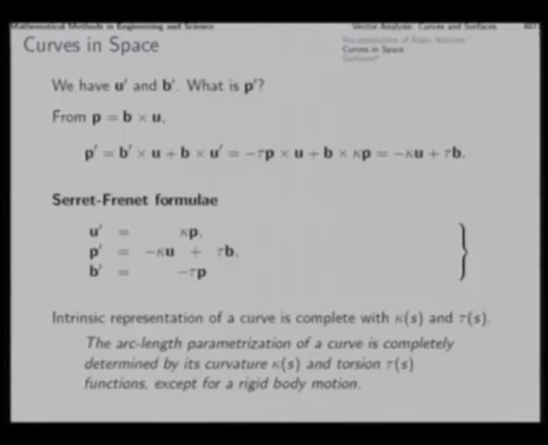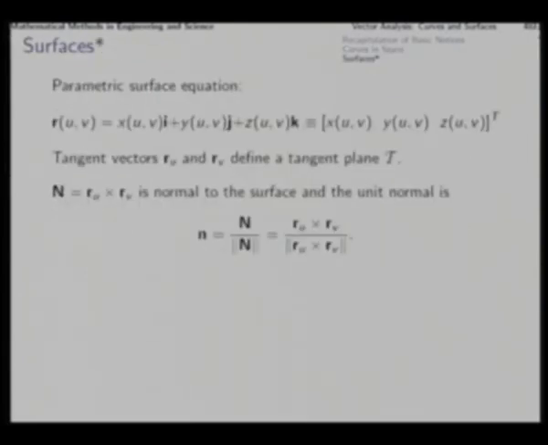With this much discussion on curves, we conclude this lesson with a little discussion on parametric surfaces. The way we describe curves with the help of a parameter, we can also represent a surface with the help of two parameters, say u and v.